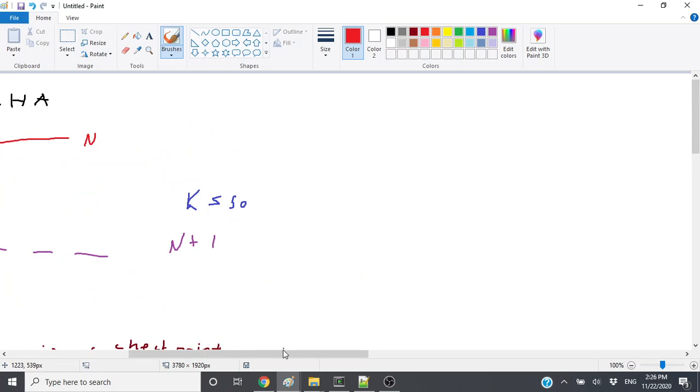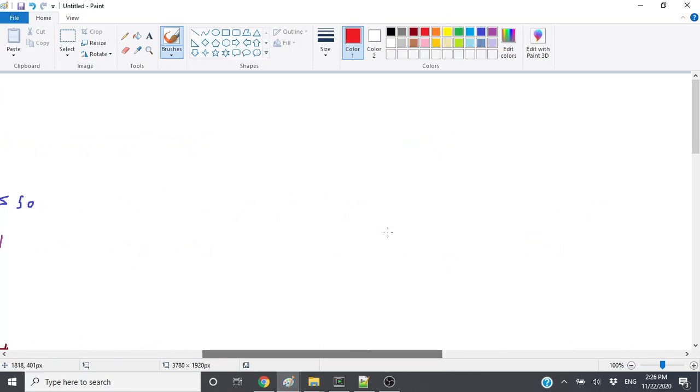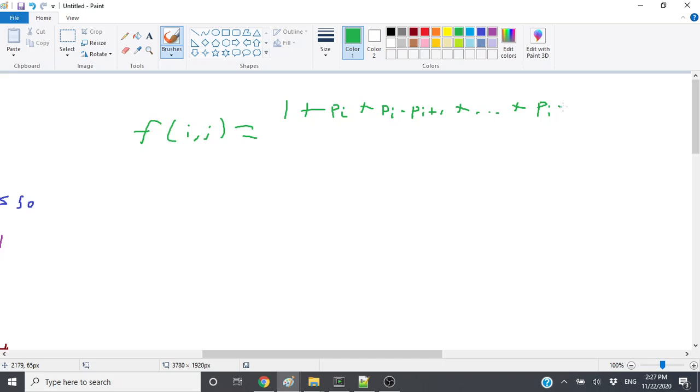If the probability of advancing from position i is Pi, then essentially you get f of i, j is equal to 1 plus Pi plus Pi times Pi plus 1 plus dot dot dot plus all the way up to j minus 1, actually, Pi times Pi plus 1 dot dot dot within the product times Pj minus 1.